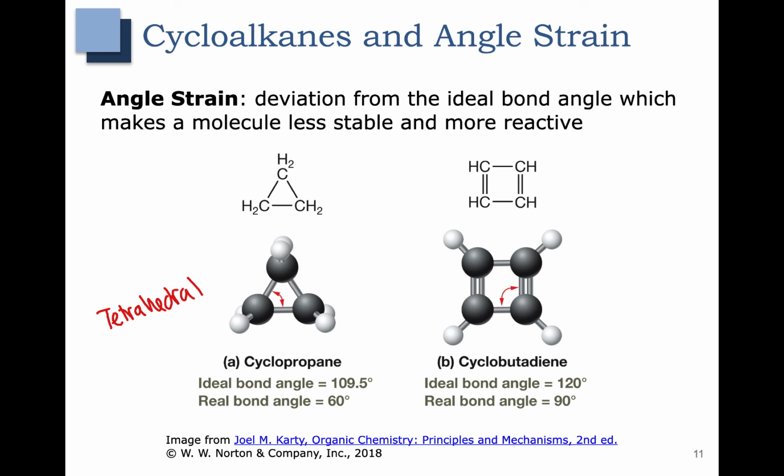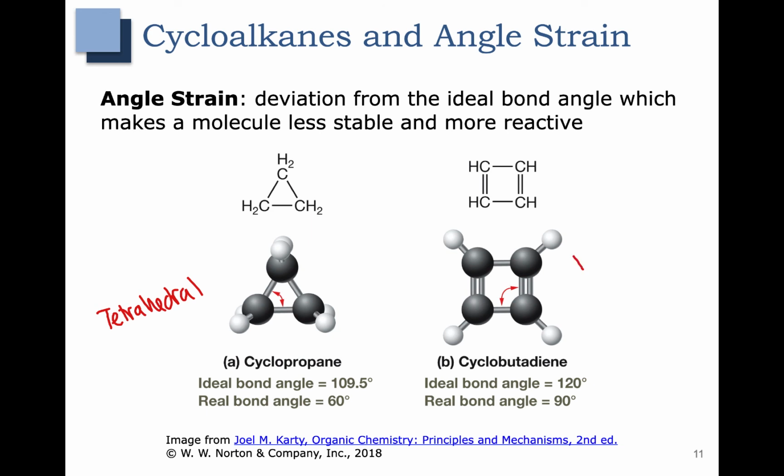However, in cyclopropane, the molecule is forced into this 3-membered ring, and it deviates significantly from that ideal bond angle. In fact, the real bond angle is 60 degrees. So this makes cyclopropane highly reactive. You have the same problem in cyclobutadiene. The carbon here has 1, 2, 3 groups attached.